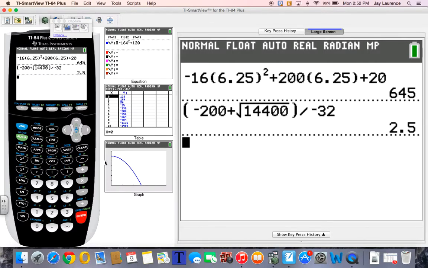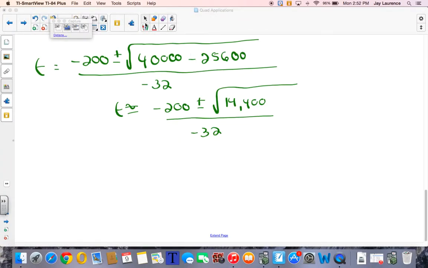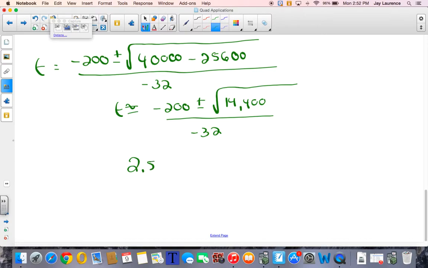When I do that, I'm going to get 2.5 seconds, and then I'm going to do the same thing, only I'm going to change that to a minus. And I'm going to get 10 seconds. So for part B, I'm going to get at 2.5 and 10 seconds. How can that be? Well, the rocket's going like this. And so it's going to hit that height here, and then again over here.